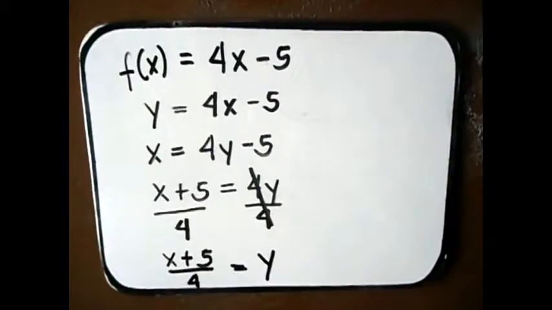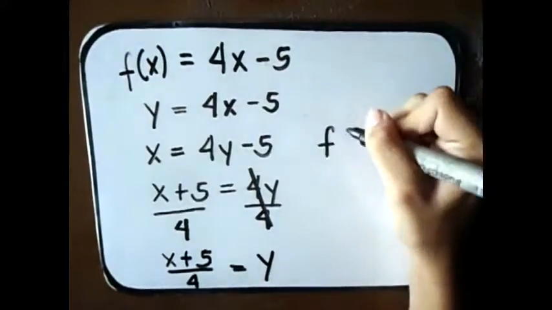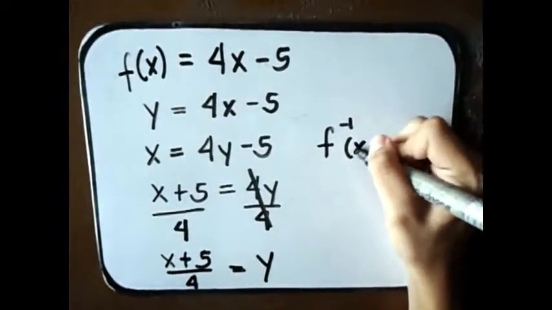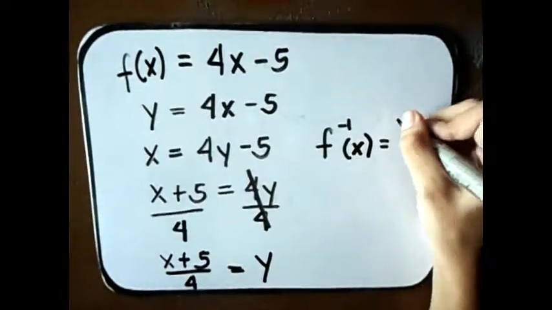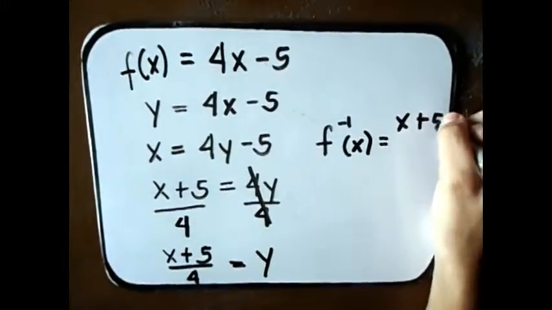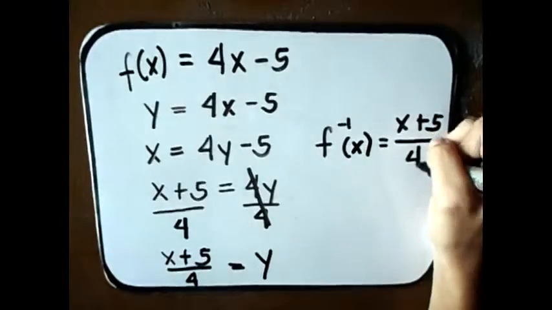Now that we have isolated y, simply write the symbol that denotes the inverse function. f inverse of x is equal to x plus 5 over 4.